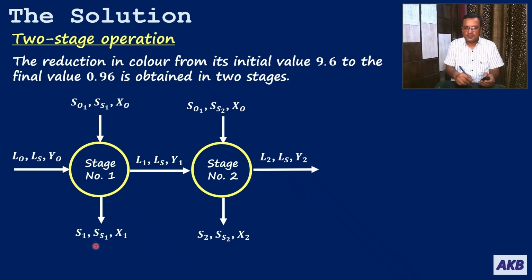So in this case, the challenge is to get the value of y1, because y0 is known to you, y2 is known to you, y1 and then x1, they are not known. So the important task is to get these values.